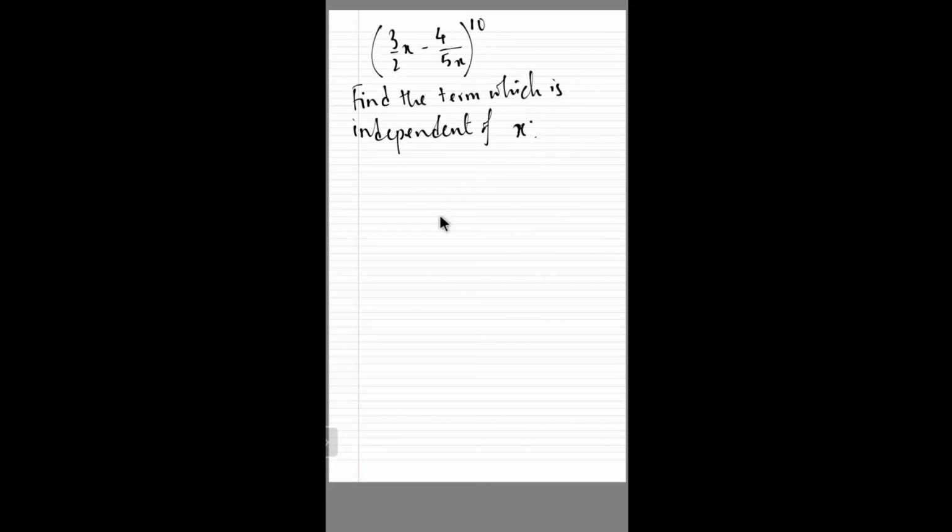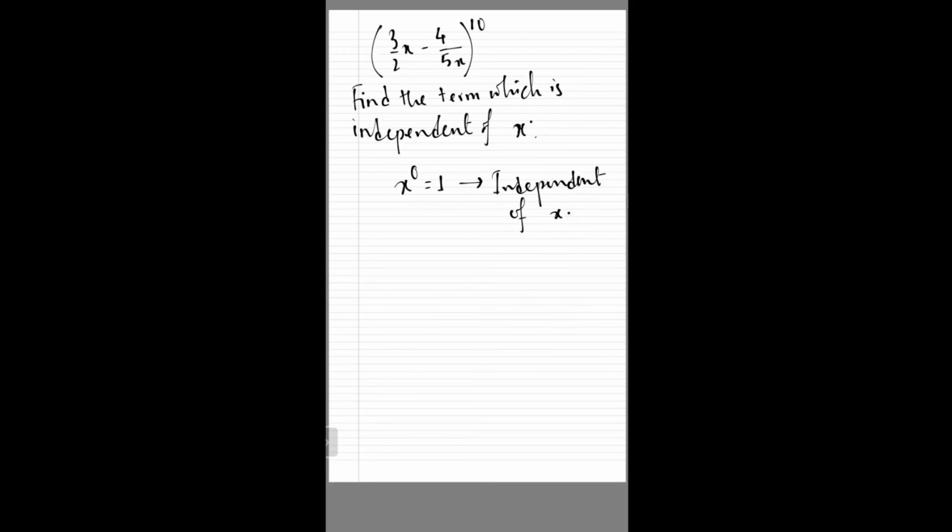Term independent of x means the power of x is 0, because x to the power 0 is equal to 1. So the term carries no expression of x, that means it is independent of x.